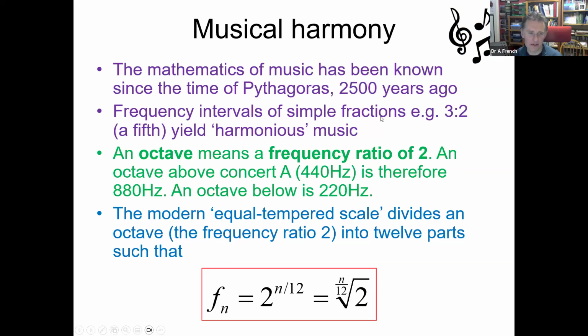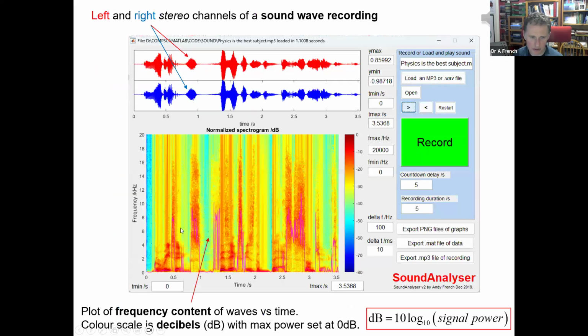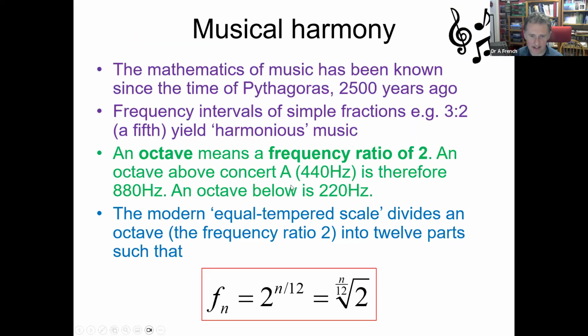So if you play an A at 440 hertz, then 1.5 times that would be its pairing to make a fifth. And my octave, which I was attempting earlier, is a frequency ratio of 2.